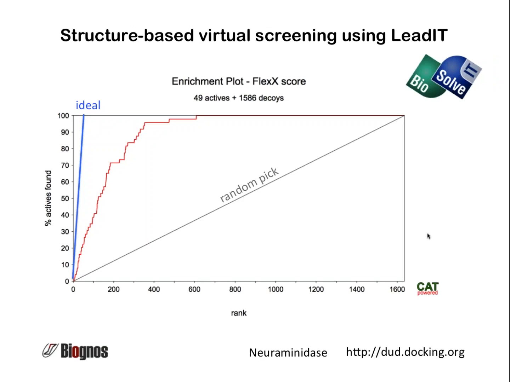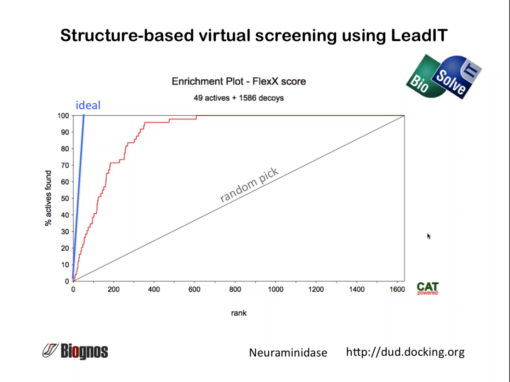So in terms of high throughput processing, we now go to a structure-based virtual screening example. Relenza, the neuraminidase, is one of the few examples that also made it into the chemoinformatics field.